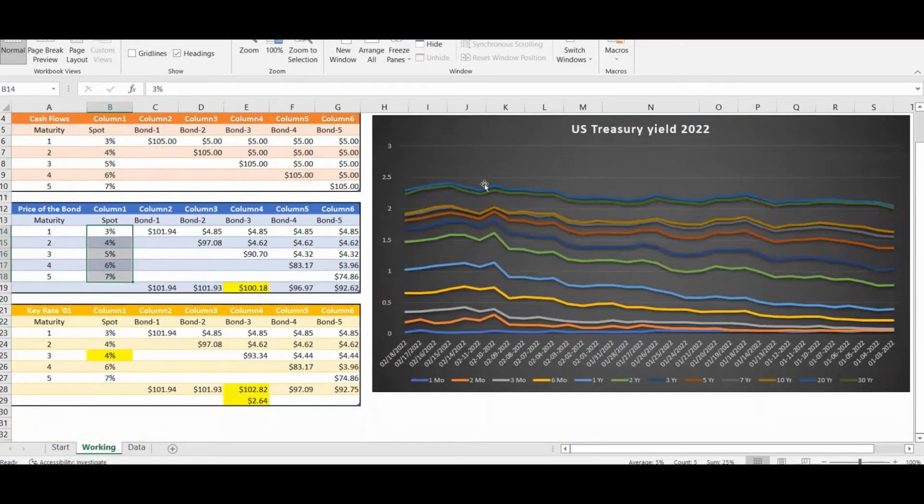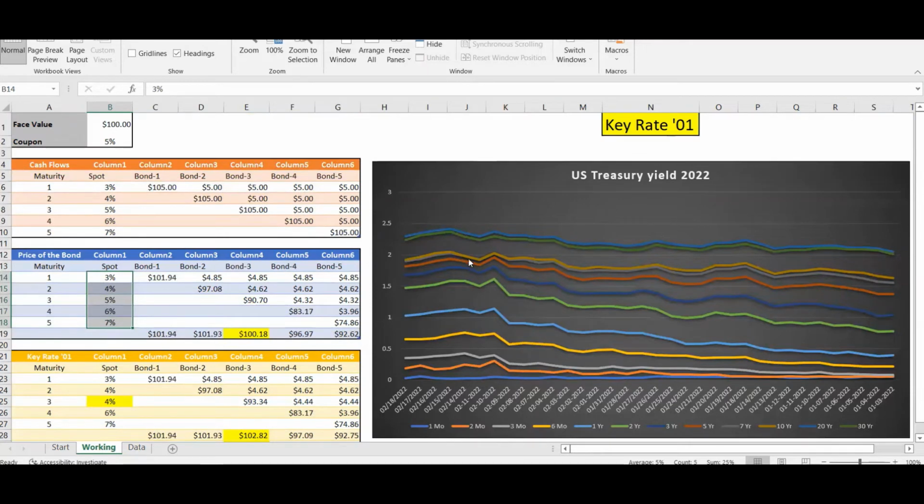Now, what key rate basically assumes is, instead of a parallel shift, based on the portfolio manager's observation, they just bump up or bump down the key rate. Basically, they observe that this is a key rate that is driving your risk, so they accordingly stress that particular rate.